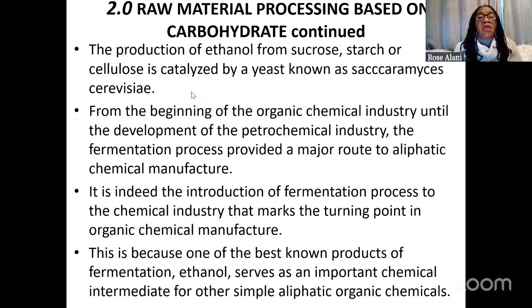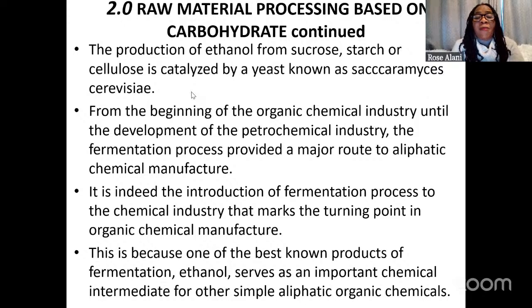Production of ethanol from sucrose, starch, or cellulose is catalyzed by yeast known as Saccharomyces cerevisiae.